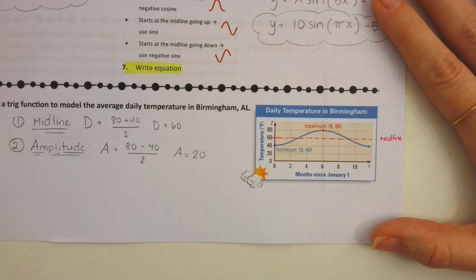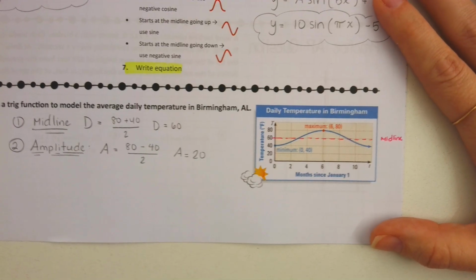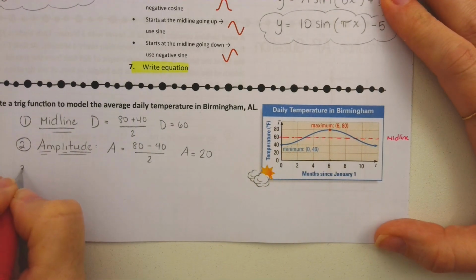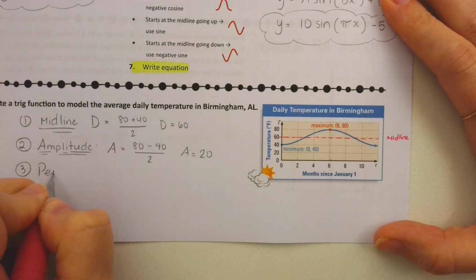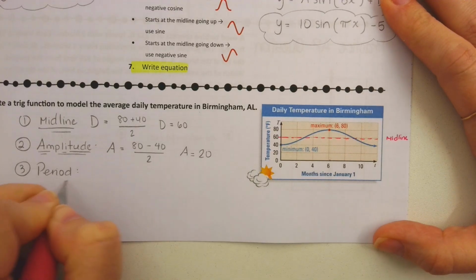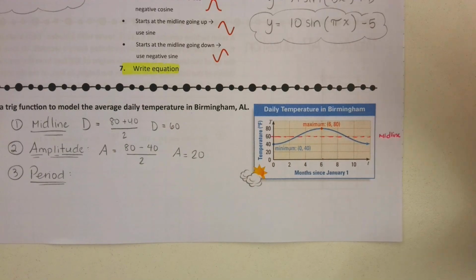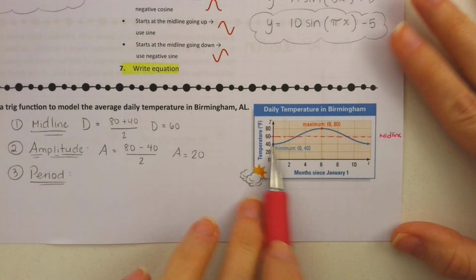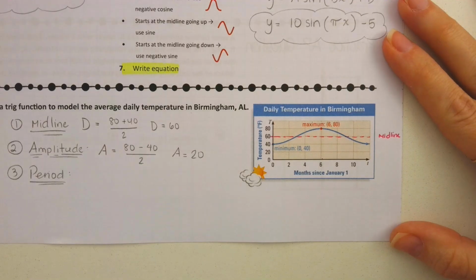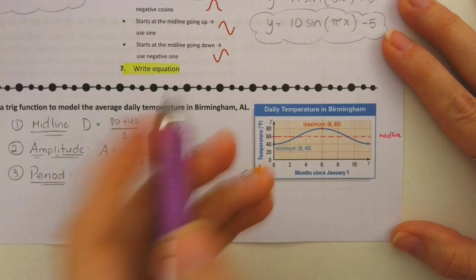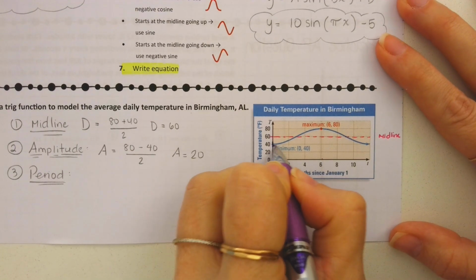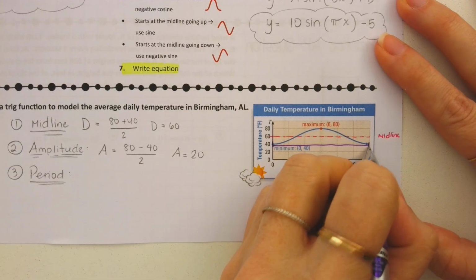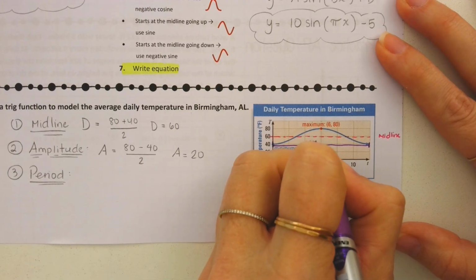Up next, figuring out what the period is, because we need the period in order to find B. Again, to find the period, you need to look for basically the lowest point to the lowest point or the highest point to the highest point. And I see this lowest point here and this lowest point here. So this entire distance from here all the way over here is going to be the period.